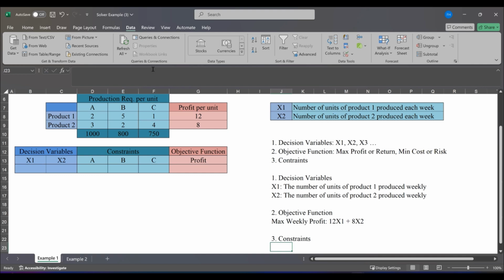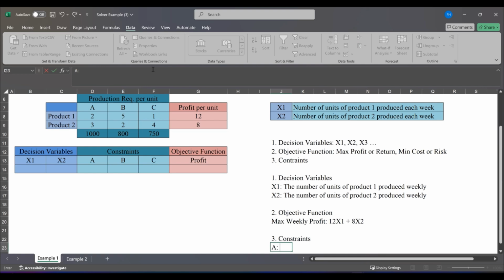The first constraint is regarding the availability of raw material A. For this constraint, I'm going to use a certain number of units of raw material A. However, the amount that I use should not exceed 1,000 units, or let's say 1,000 pounds. So I need to put that the actual quantity used of raw material A should be less than or equal to 1,000.